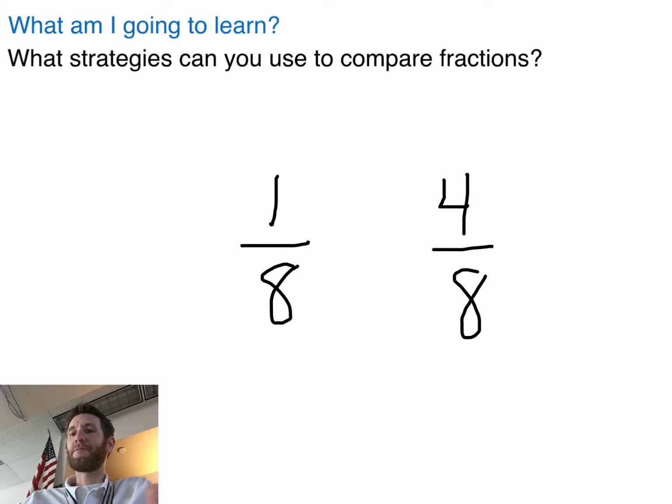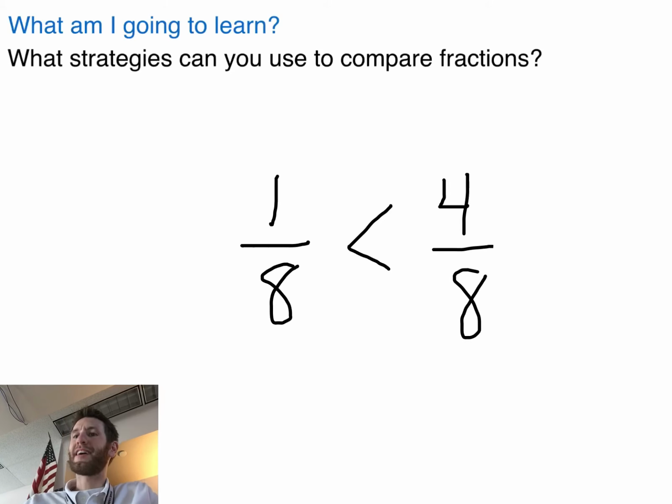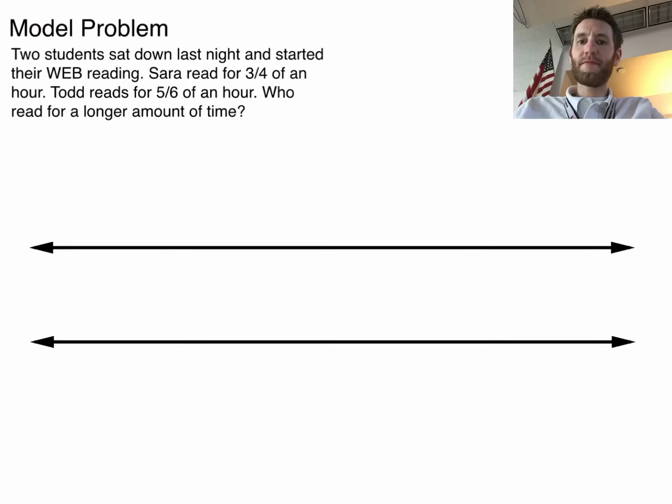So all we're doing simply is comparing the parts that are shaded in, since both fractions are divided into the same amount of equal parts. And in this case, only 1 out of the 8 parts are shaded in, and in this case, 4 out of the 8 parts are shaded in. So that means that 1/8 would be less than 4/8.